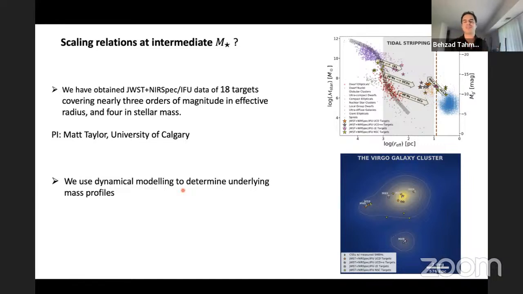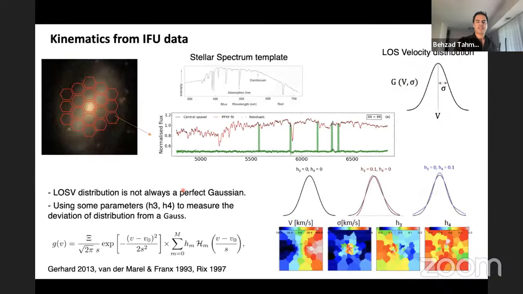But the point is, how reliable is this measurement? And what different things can affect the output of the dynamical models? To do that, first of all, I will talk about what we have from the observation and how we model them. And then I will talk about how we test our tools.